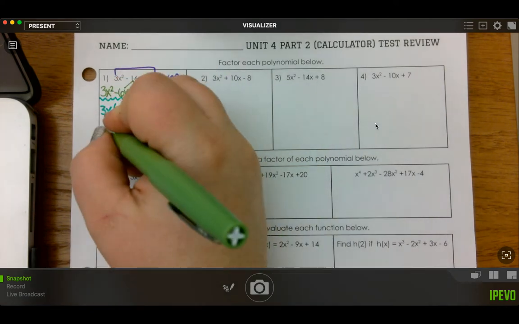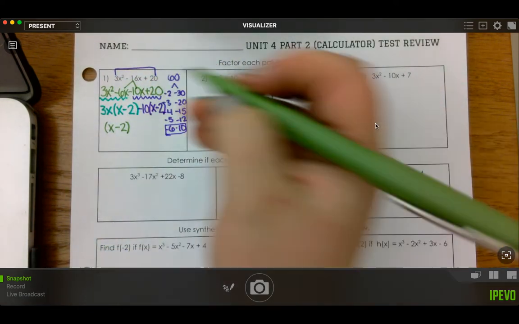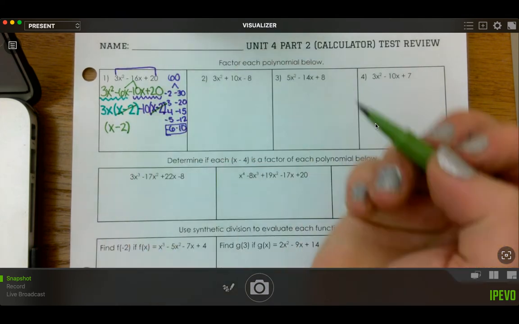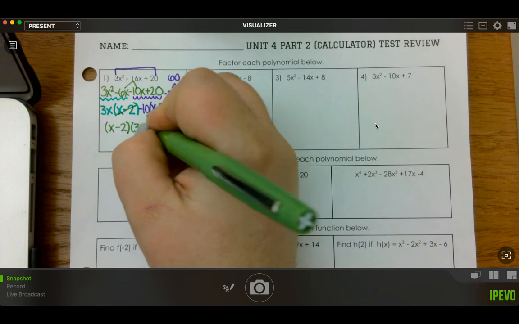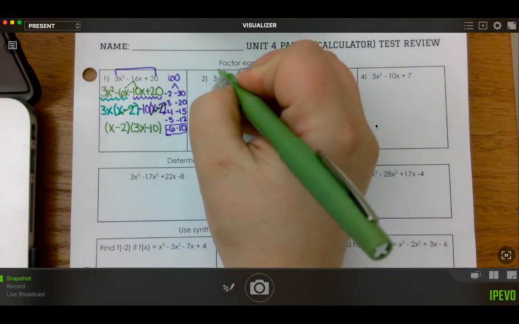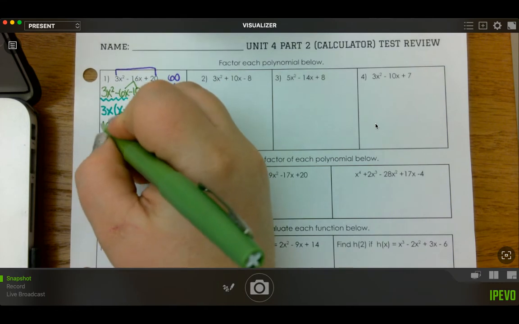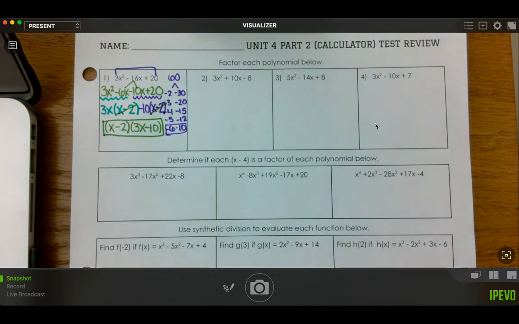That's going to go out front. And if I take that away from both of these, all I have left is 3x minus 10. And all this problem said was to factor. So these are my factors. I am done. I don't need to solve it unless it says solve.